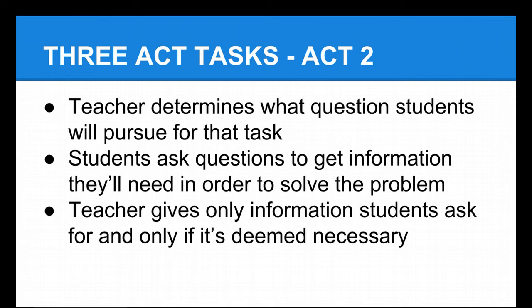At this point, we only give them crumbs of information. We don't give them everything they need to solve the problem, and we really only give them the information after they deem that it's necessary and ask for it specifically. So if we're trying to get to how big the cup is and how fast it's filling up, then we need two solid pieces of information, which I've already loaded onto the next slides.